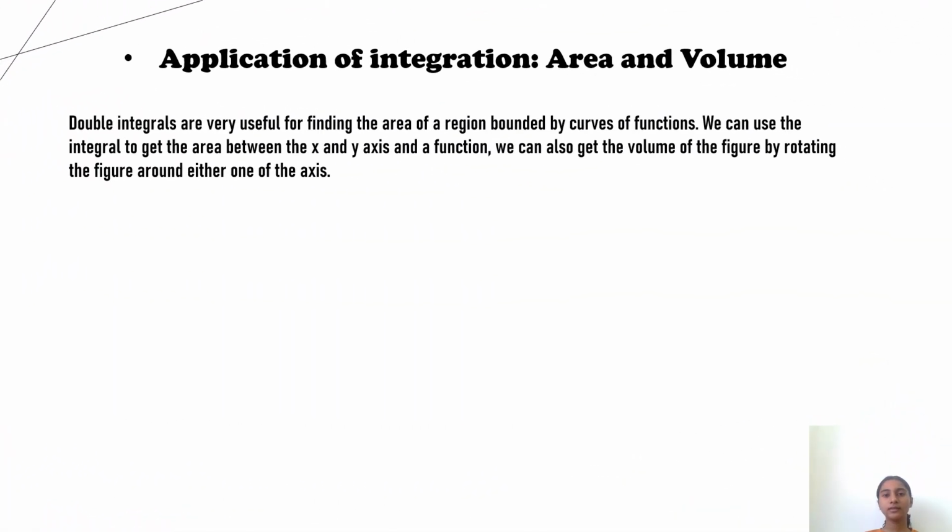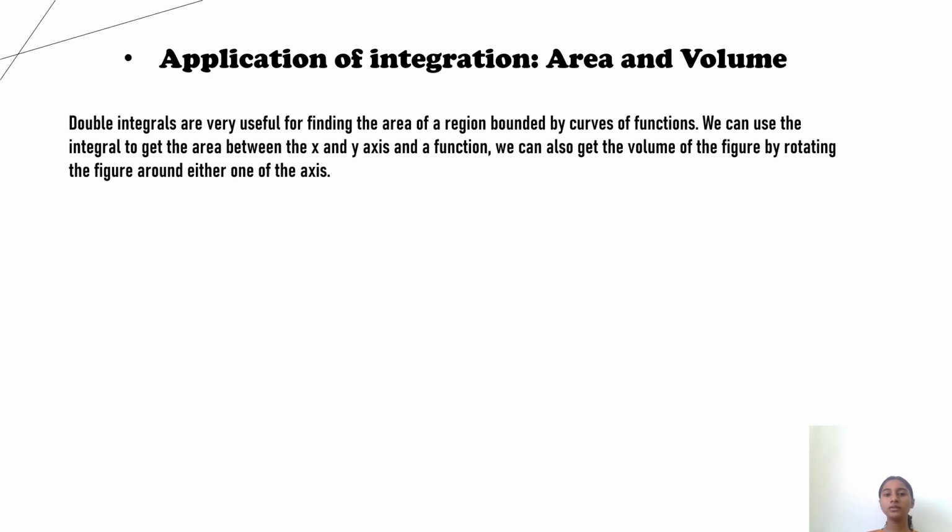Next we will discuss applications of integration. Double integrals are very useful for finding the area of a region bounded by curves of a function. We can use the integral to get the area between the x-axis and y-axis and a function. We can also get the volume of the figure by rotating the figure around either one of the axes.